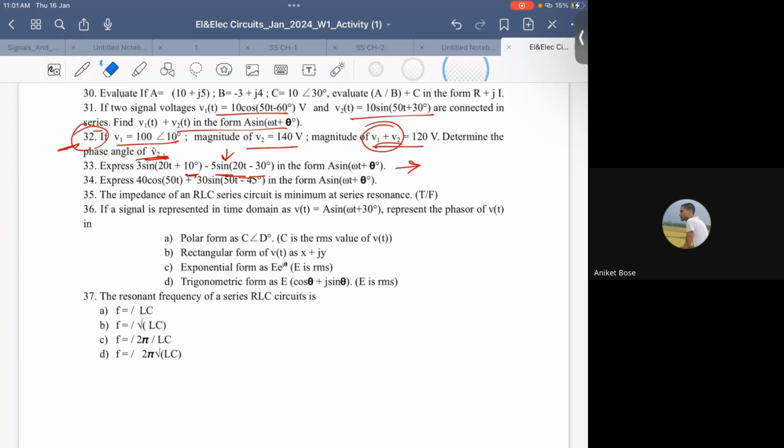I guess there must be some other method to solve this. We can also do this using the Euler form. Mm, yeah, that also you can do, but I guess there must be some other. We will have to check. Okay.